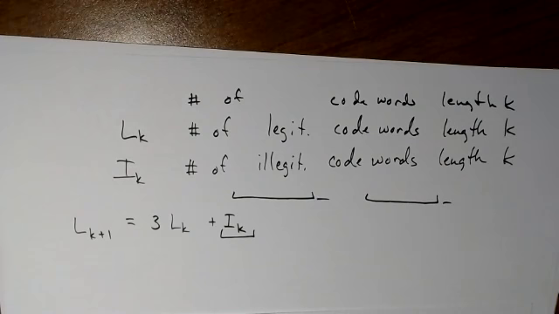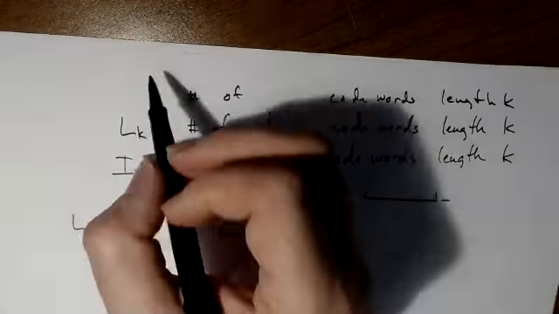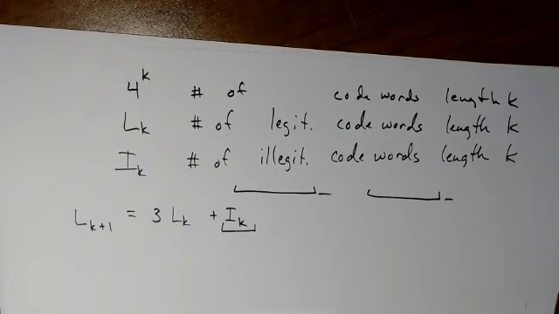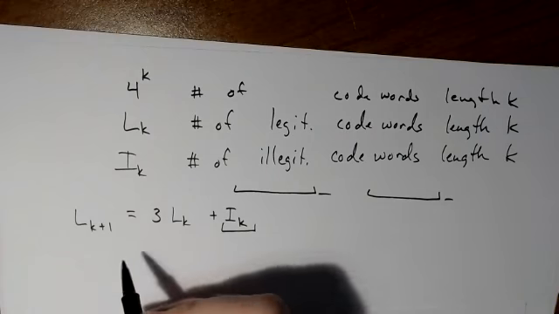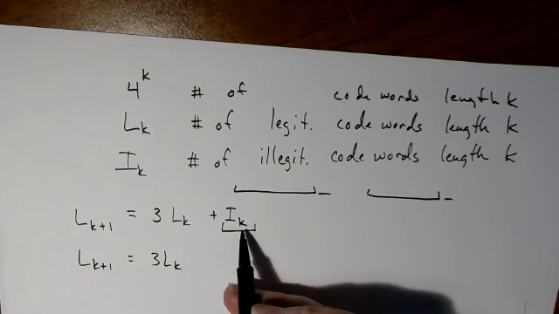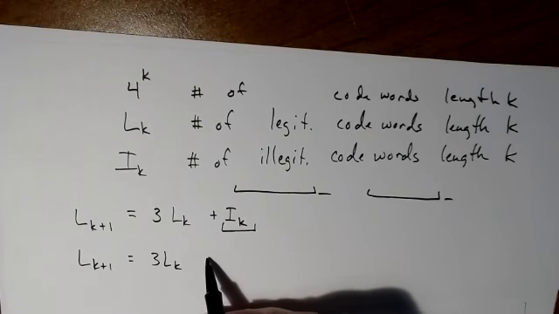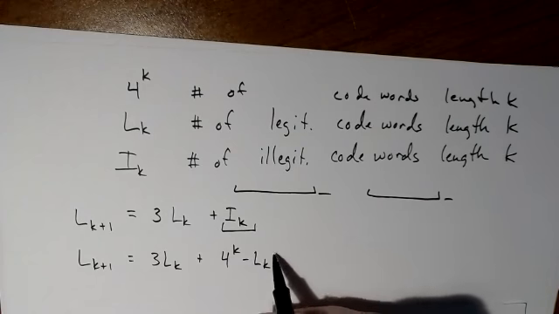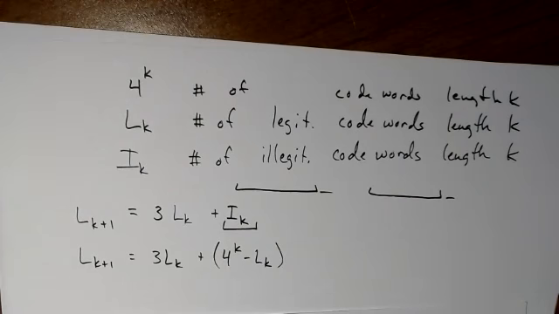There are 4 choices and k positions, so there's 4 to the k total code words, which means L_{k+1} equals 3 L_k. The number of illegitimate code words of length k is equal to 4 to the k minus L_k. A code word's either legitimate or not, and there's 4 to the k total.